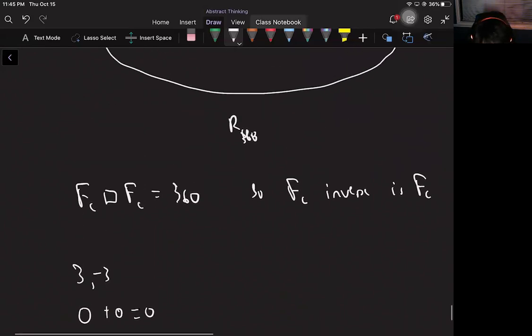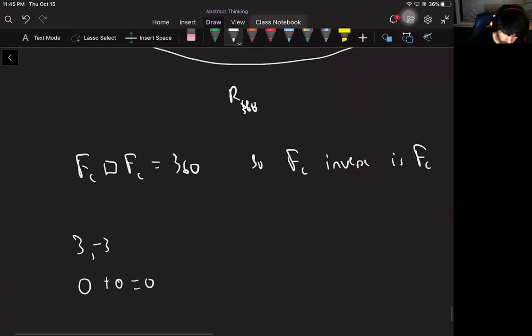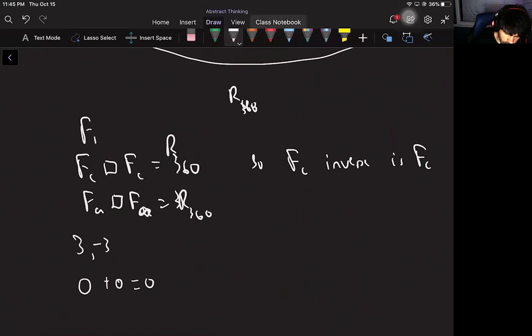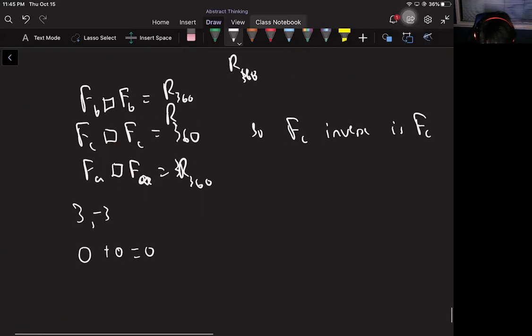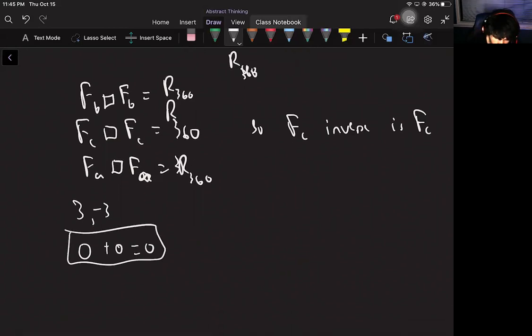But for this set, it's true 3 times, because it'll also be true for flipping over A, and it'll also be true for flipping over B. So now we have 3 elements whose inverses are themselves, whereas for numbers you really just get the 1. So it's a lot different than numbers.